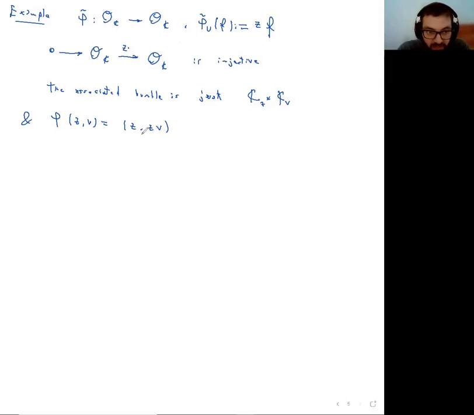Which is in fact a fiber-wise bundle morphism. This is a bundle morphism, but it's not injective, because phi of (0, v) is (0, 0), independent of v. So phi at 0 is not injective.